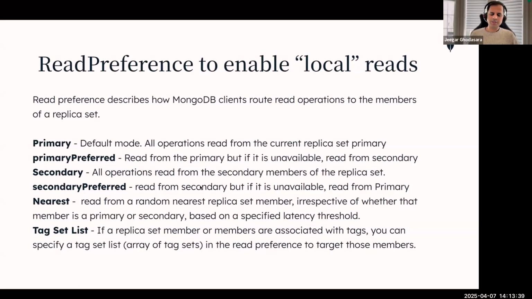If you don't want any of the complications, then you just say go to the nearest node based on network latency. Then you can specify the read preference nearest, and it will go to the nearest node in the topology. On top of that, you can target a set of nodes by tag as well. What that means is that if you have nodes with specific tags, you can target those by name.